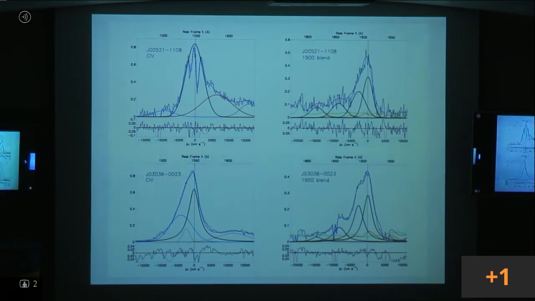And well, with those we use the core component line intensity in the cloudy simulations.